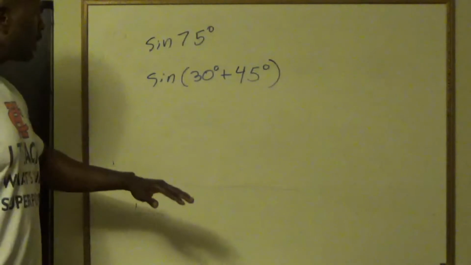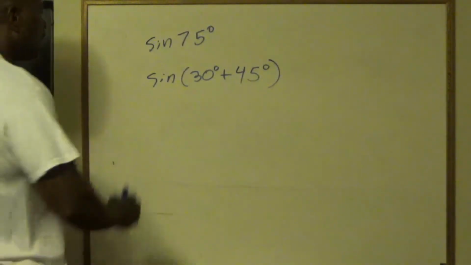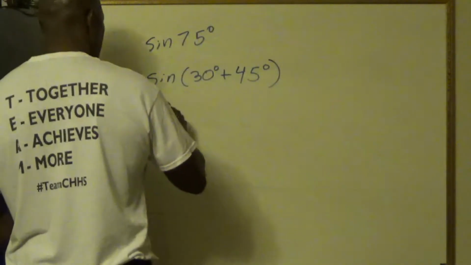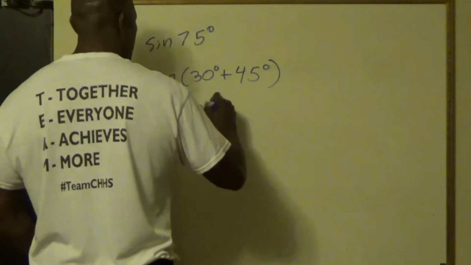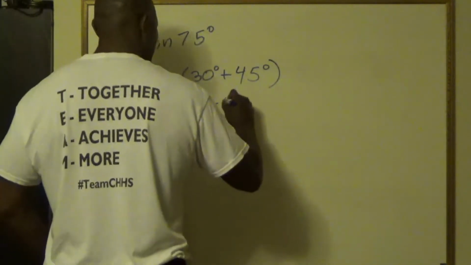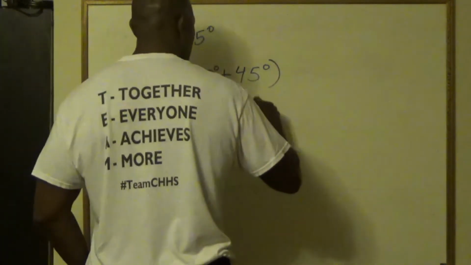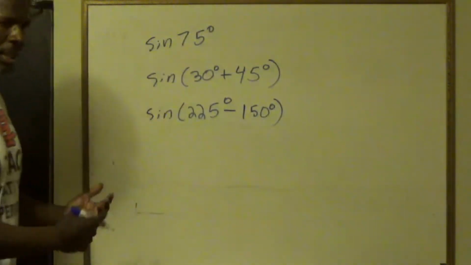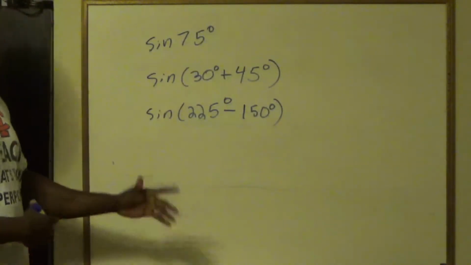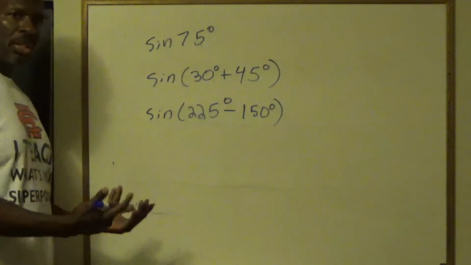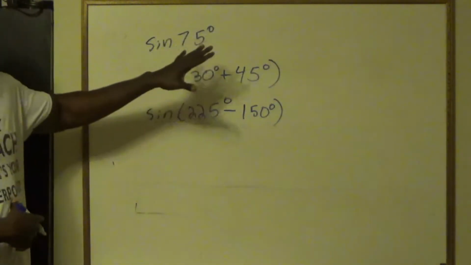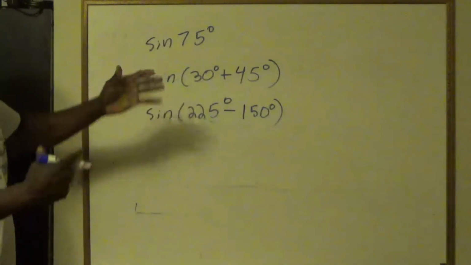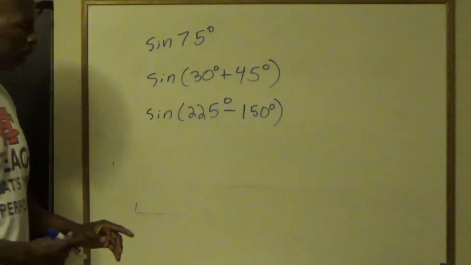You could also think of the sine of 225 minus 150, and so forth and so on. I can think of an infinite number of angles whose sum or difference would equal 75. So you can choose whatever angles work.